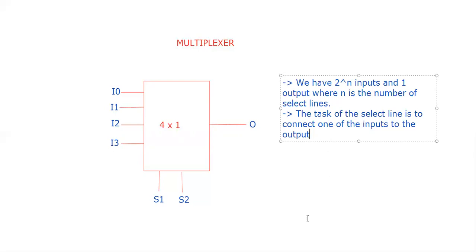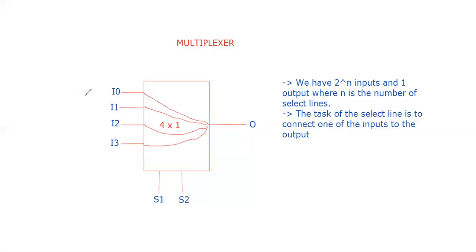So suppose the value of the select lines is such that I0 should be selected. So this I0 will be connected to the output. Otherwise I1 will be connected to the output, otherwise I2, or I3. So it just connects the input to the output. So whatever input is there on the input line will pass through to the output.